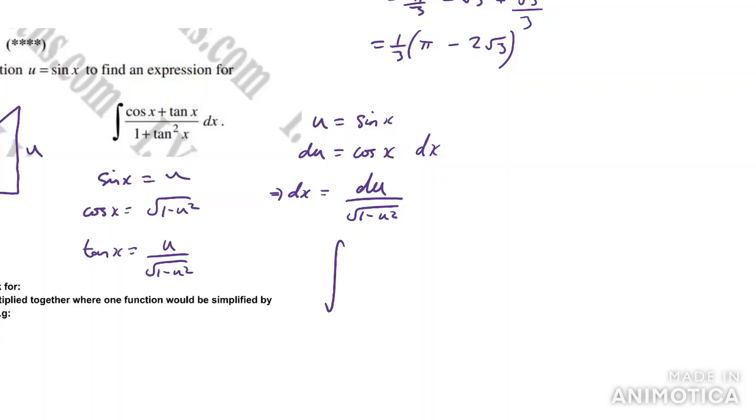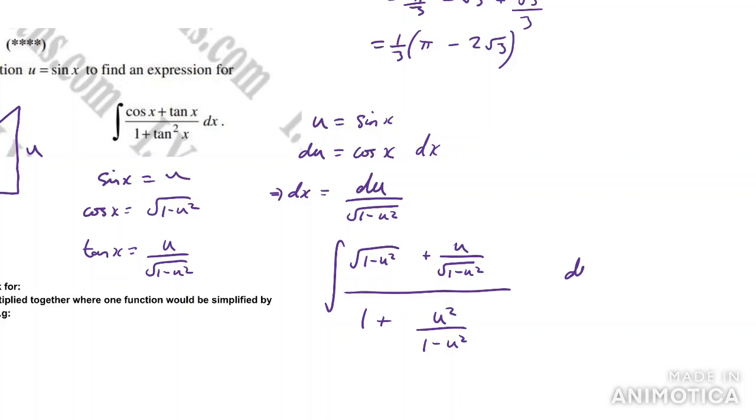Summing this all in, we get cos x is root 1 minus u squared, so root 1 minus u squared plus tan x, which is plus u over root 1 minus u squared, all over 1 plus tan squared, which is going to be u squared over 1 minus u squared, times dx, well, dx is du over root 1 minus u squared.